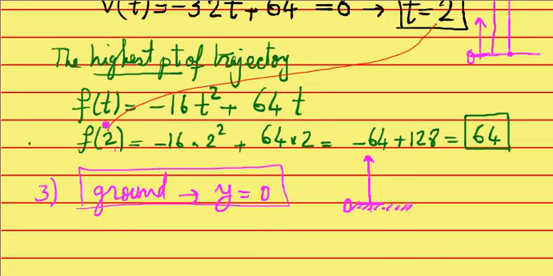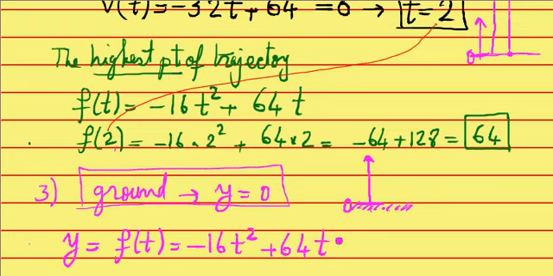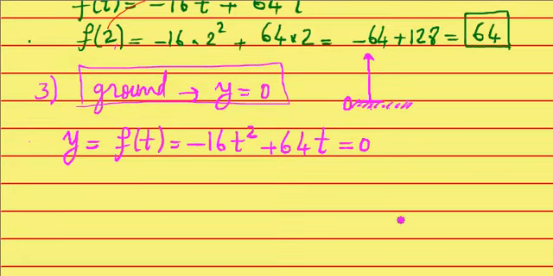Well, here is our y. y is equal to f of t is equal to minus 16t squared plus 64t. I set it equal to 0. How do I solve this? Well, the easiest thing is to factor: minus 16t times (t minus 4) equal to 0.